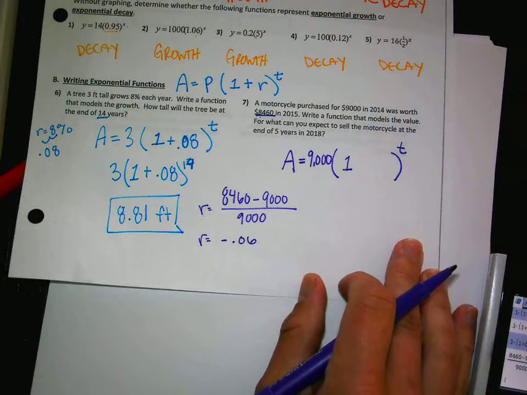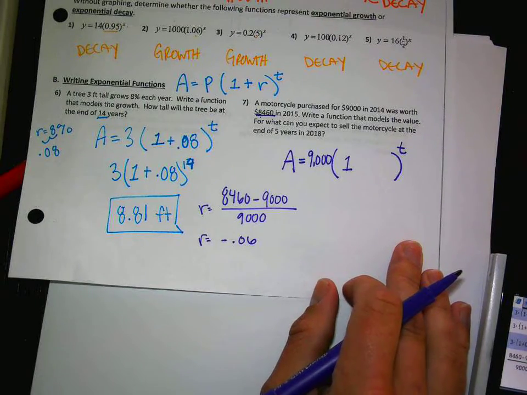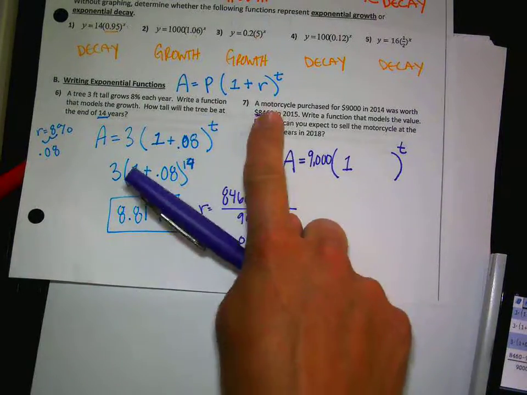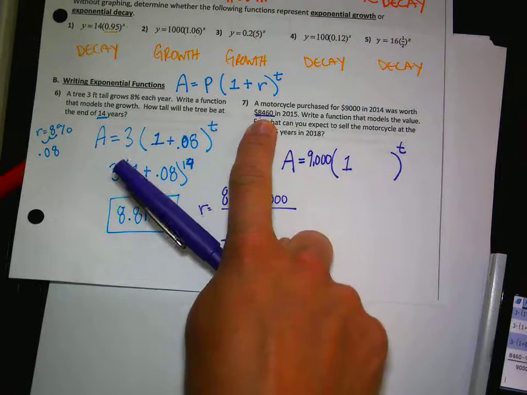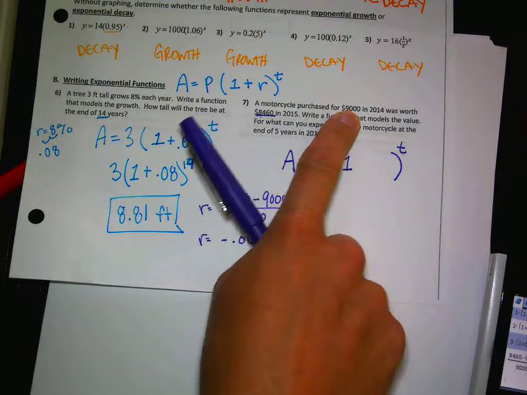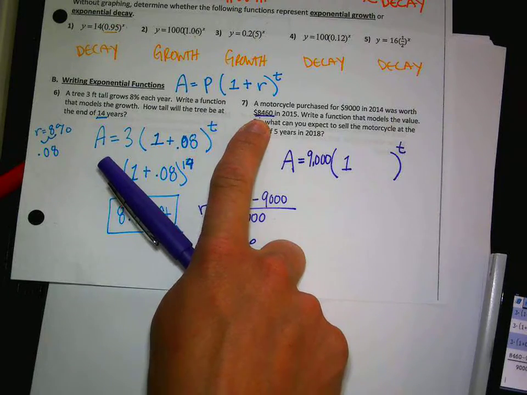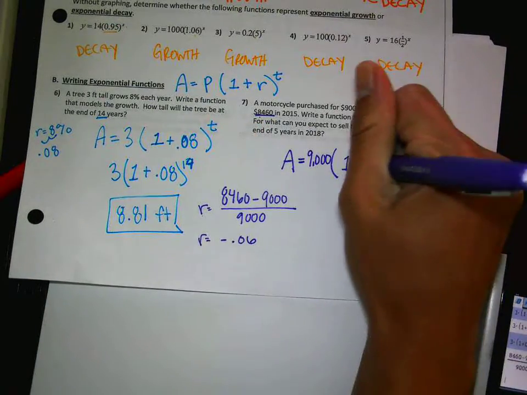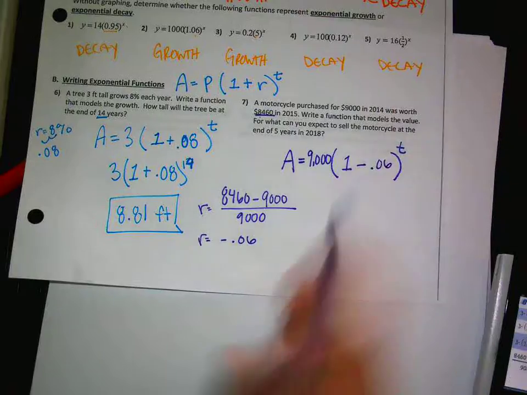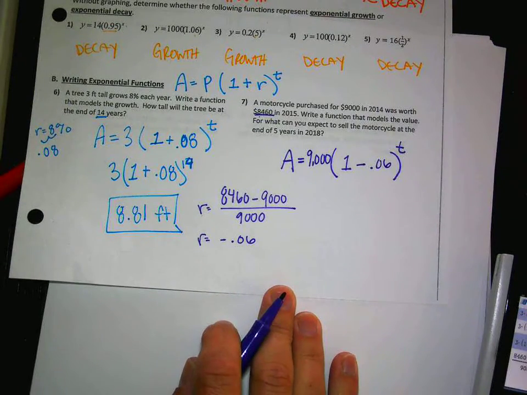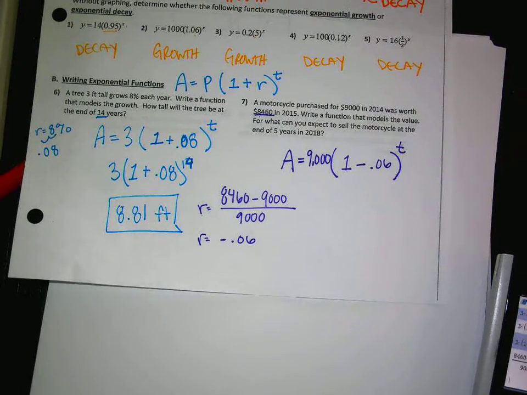So my rate being negative, does that make sense? Yes, because my value is getting smaller, right? I started at 9,000 and then a year later it's down to 8,460. So it's getting smaller. So your rate should be negative 0.06. Okay, and so now for what can you expect to sell the motorcycle at the end of 5 years in 2018?